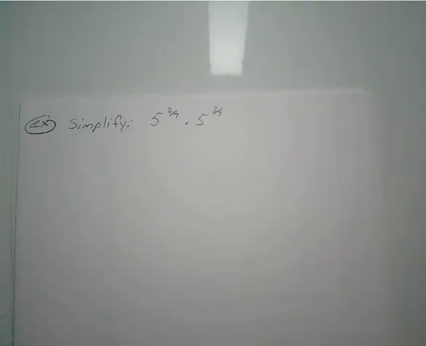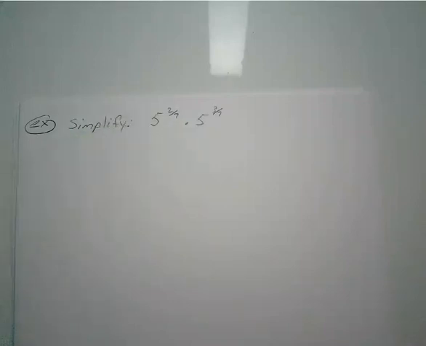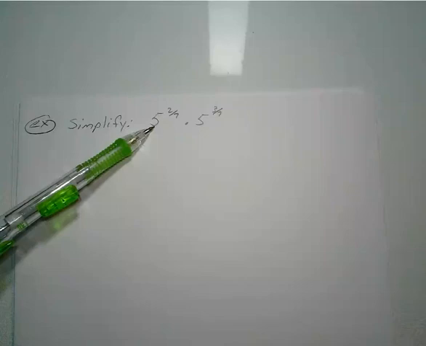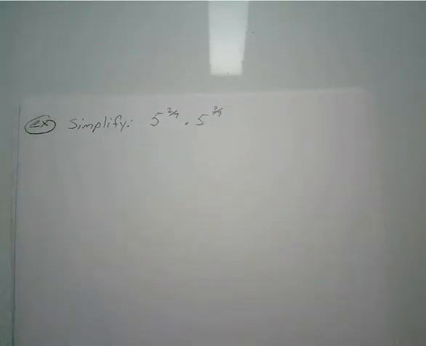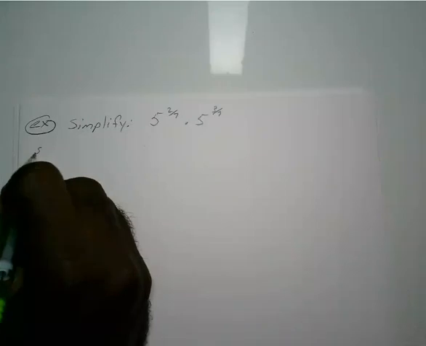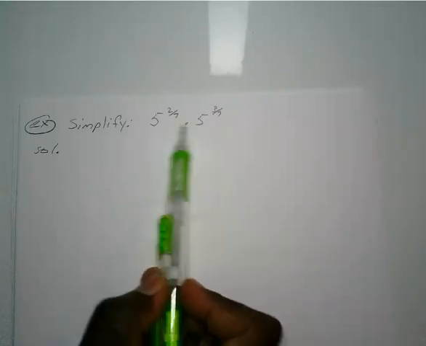Now, the thing about this one is that it's already written as exponential terms or factors. So you don't have to convert it from a radical to an exponential. It's already an exponential.